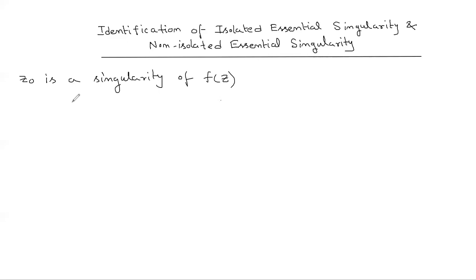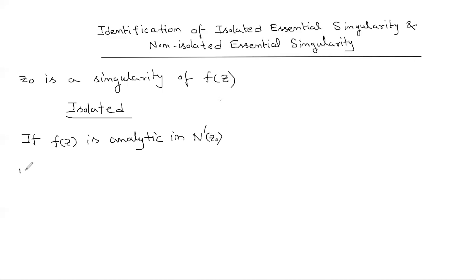Now, Z0 will be called isolated if fz is analytic in a deleted neighborhood of Z0.